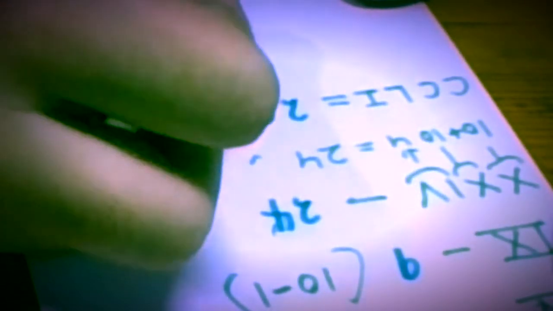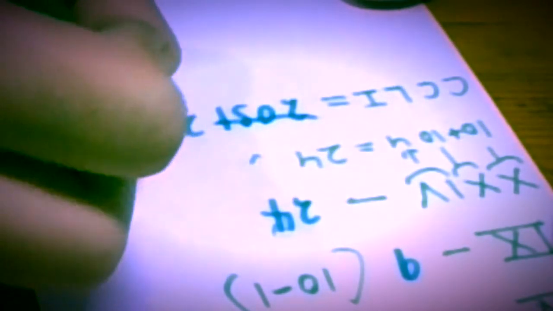Now the next question which we are attempting is CCLI. So CC is equal to 200, and LI is equal to 51, so 251.